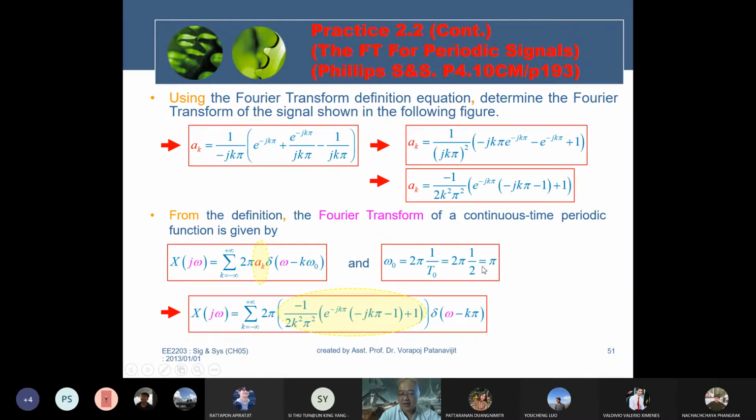Here omega naught equals pi because T naught equals 2. Then you substitute a_k from the previous step, giving you this. This is the Fourier transform of a periodic signal.